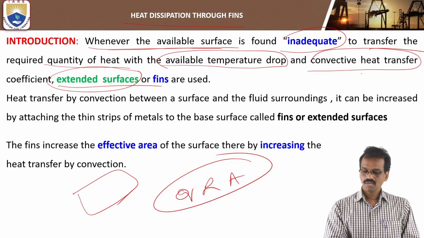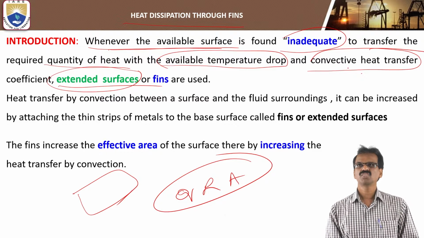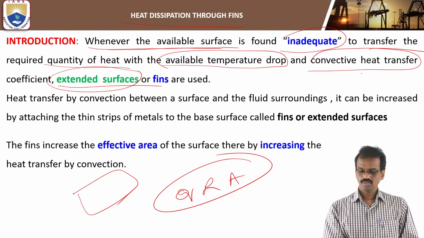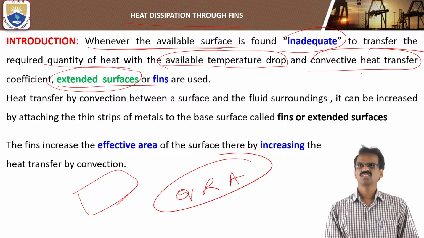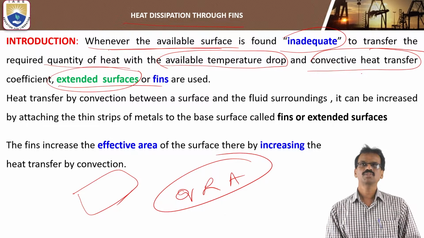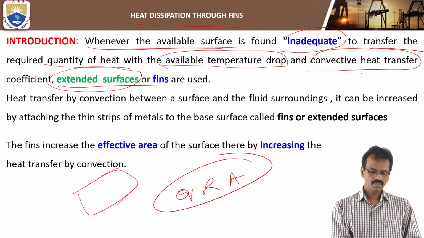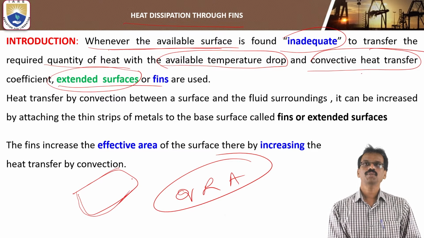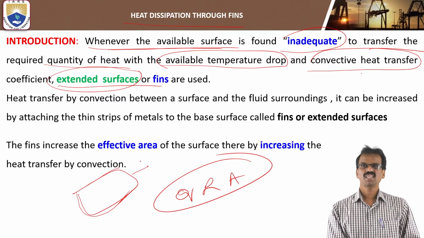Convective heat transfer means the rate of heat transfer from solid to fluid, that is, from the surface of the motorbike to atmospheric conditions.